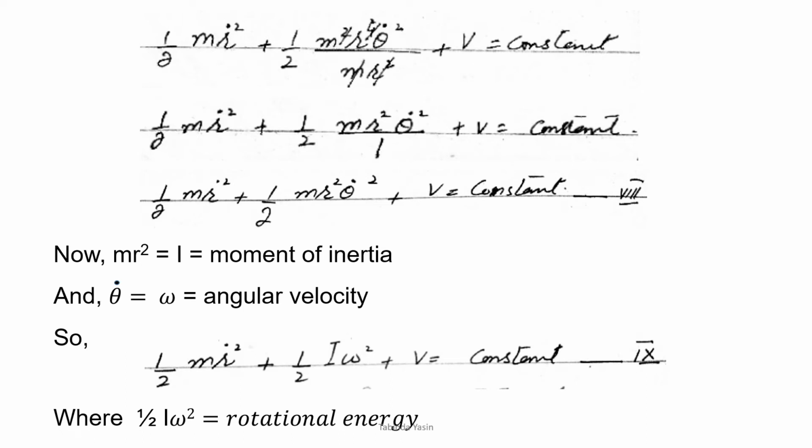We are left with 1 over 2 m r dot square plus 1 over 2 into m r square theta dot square plus V is equal to constant. So that equation becomes 1 over 2 m r dot square plus 1 over 2 m r square theta dot square plus V is equal to constant, giving that equation number 8.